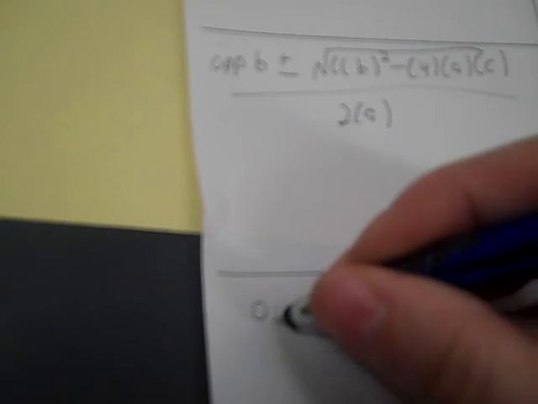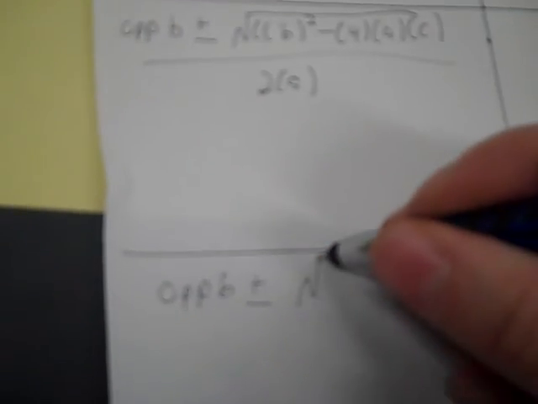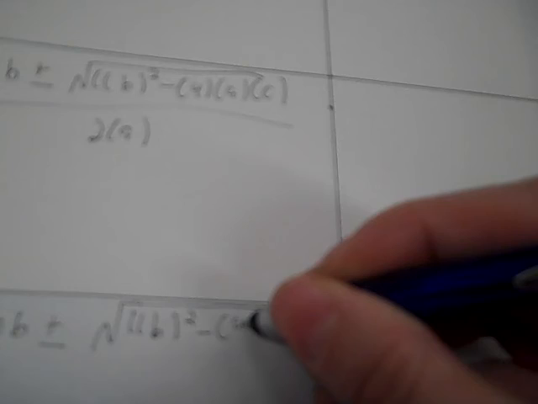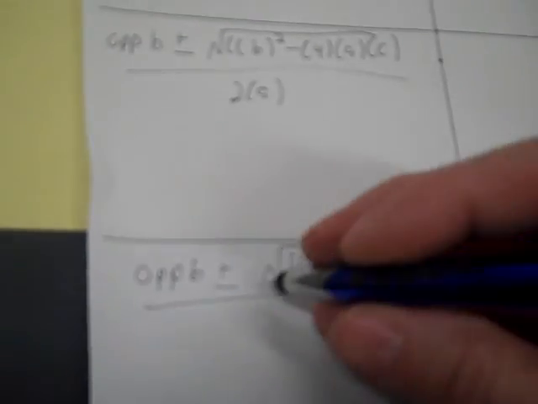Opposite of B, plus or minus the square root, B squared minus 4AC. Squared means second power. So if you're wondering what that means, it's because I'm not very good with terminology. Over 2A, over 2A. Now, turn this paper over and fill all the squares up with that formula.